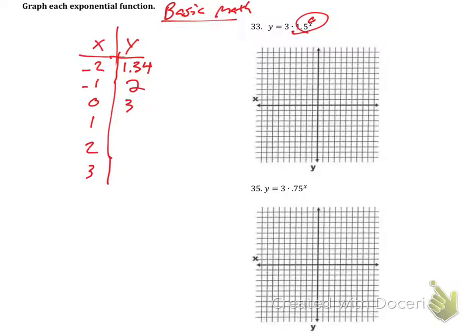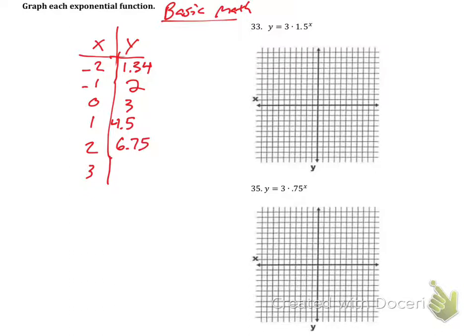Then 1.5 to the first power is going to be 1.5, so that'd be just 3 times 1.5. It's going to be 4.5. Oh, wrong button. Sorry, 4.5. And then to the second, so 3 times 1.5 to the second power is going to equal 6.75.